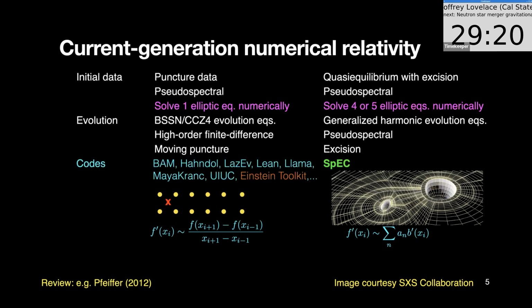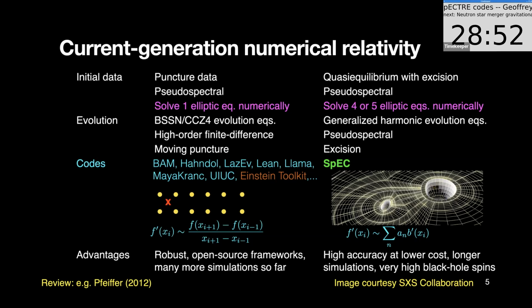Now there's lots of codes that do what's going on the left, especially for this talk, the Einstein toolkit and the codes that derive from it. But SpEC is not the only spectral code for initial data. It's the only really widely used pseudospectral code for producing binary black hole waveforms for gravitational wave observatories. I guess that's enough qualifiers to be accurate. So let me tell you now, there's advantages to both.